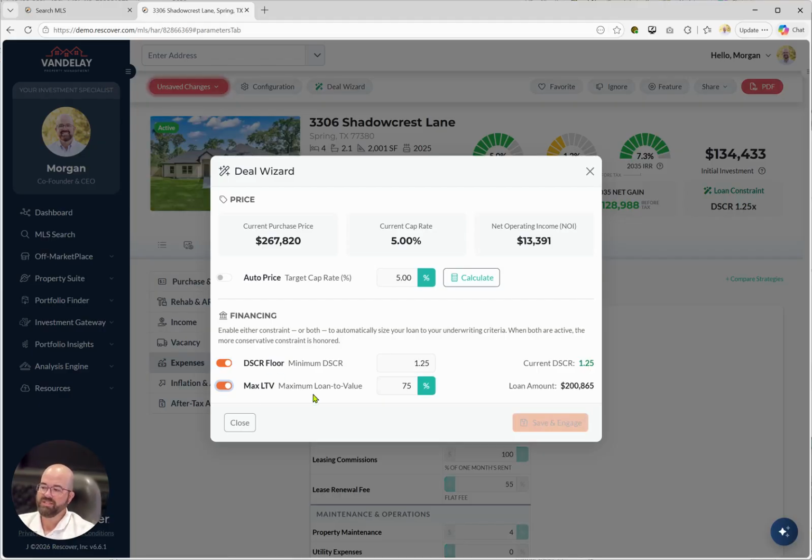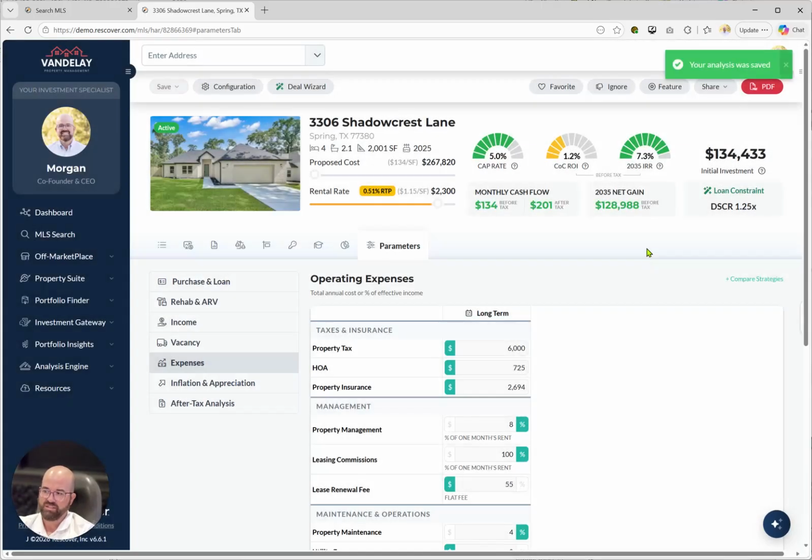But they're also going to say they just simply won't loan you more than a certain percentage of the property value. Even if you had some magical situation where the property had a 2x debt service coverage ratio, at some point they're going to say, look, we'll only loan you 75%. So if I engage both of these, and a lot of lenders are 1.2, 1.25, and 75% is real typical on the LTV, those are the defaults here. And I click save.